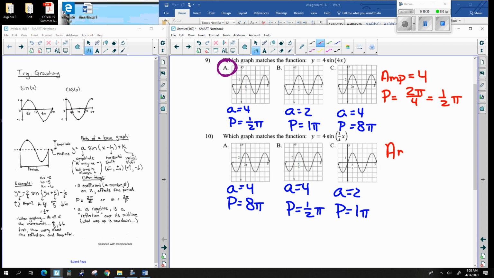Here we see that we have an amplitude of 4 and a period which is going to be 2 pi divided by 1/4. So again, that is in essence a multiply of a 4. And so that's going to be 8 pi. So amplitude of 4, period of 8 pi. It's that option right there. Okay, that's sines.